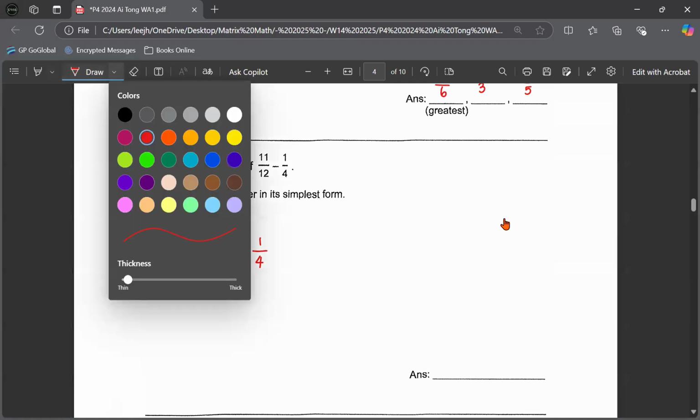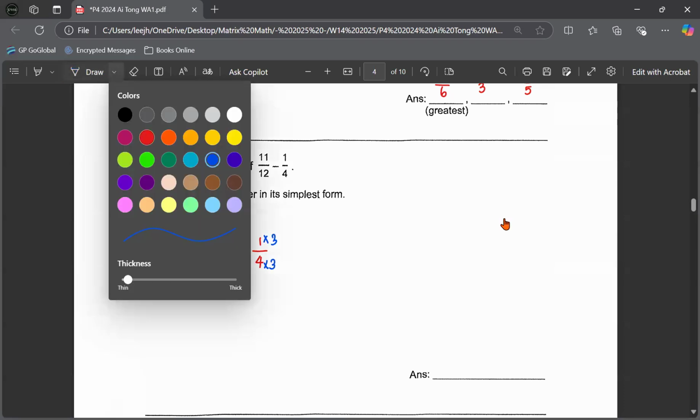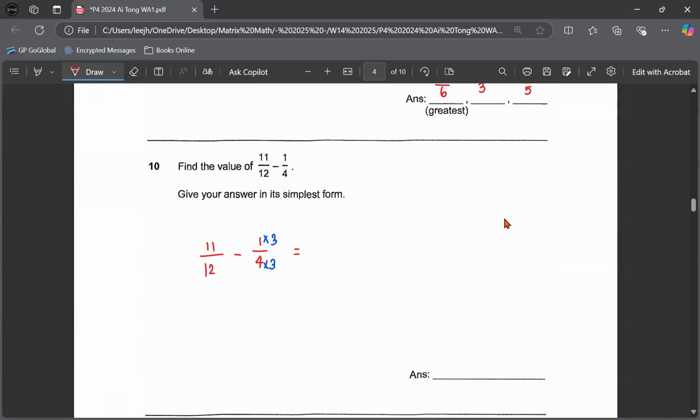I'm going to make the denominator the same by changing it to 12, common denominator of 12. So you times 3, times 3. Okay, so after you do that, you have to convert your fraction. 11/12 minus, this will become 3/12. So 11 minus 3 is 8 over 12.